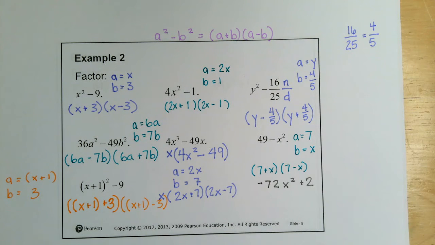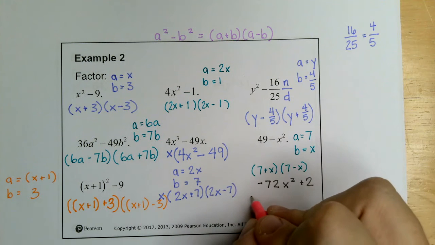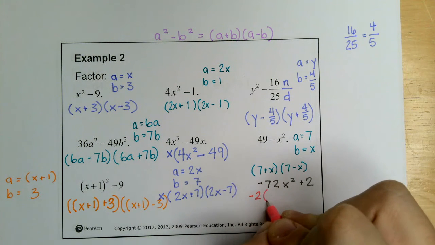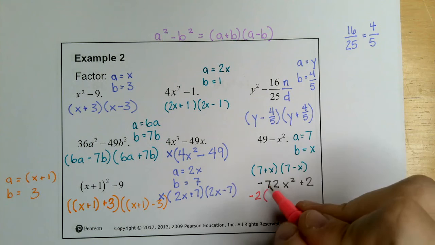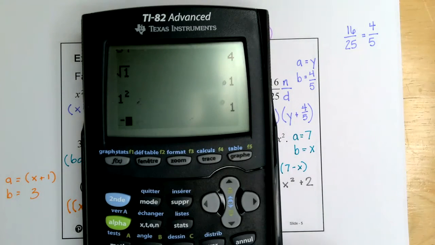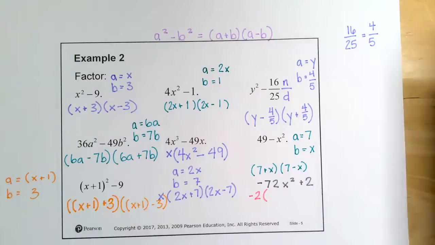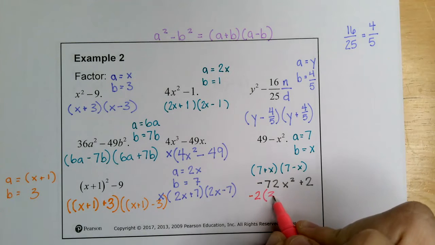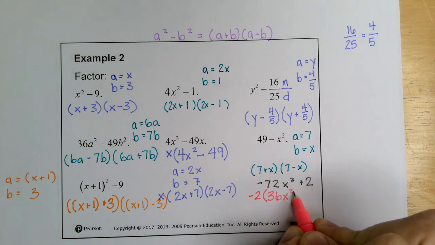Yes, there is. The greatest common factor I can factor out of this is a -2. So if I take out a -2, -72 x squared divided by -2 gives me positive 36 x squared.